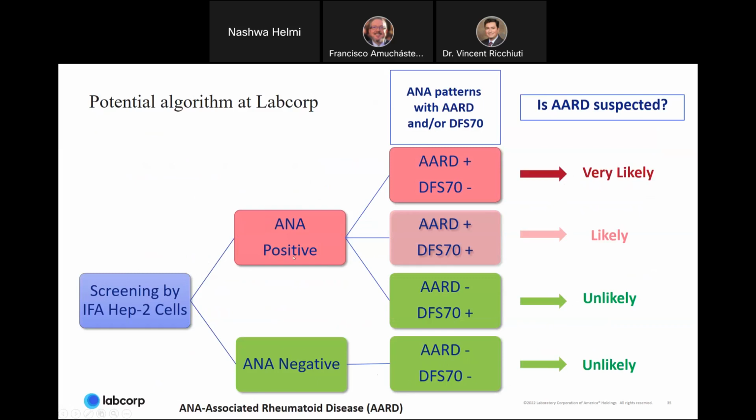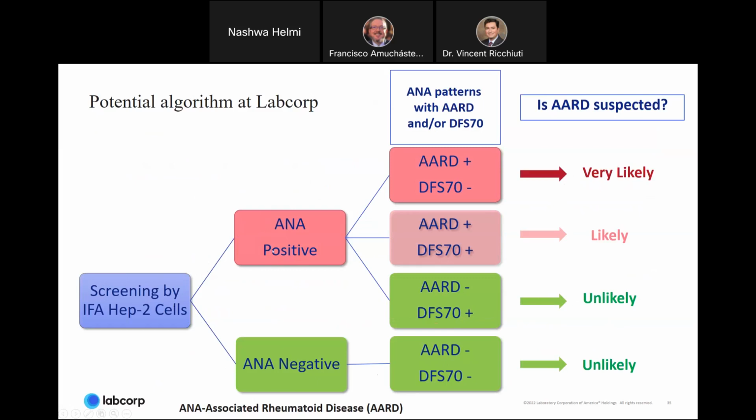However, if the screening is positive by ANA and the DFS70 are the only antibodies detected and the other antibodies are negative, then it's also unlikely that your patient has systemic autoimmune rheumatoid disease.